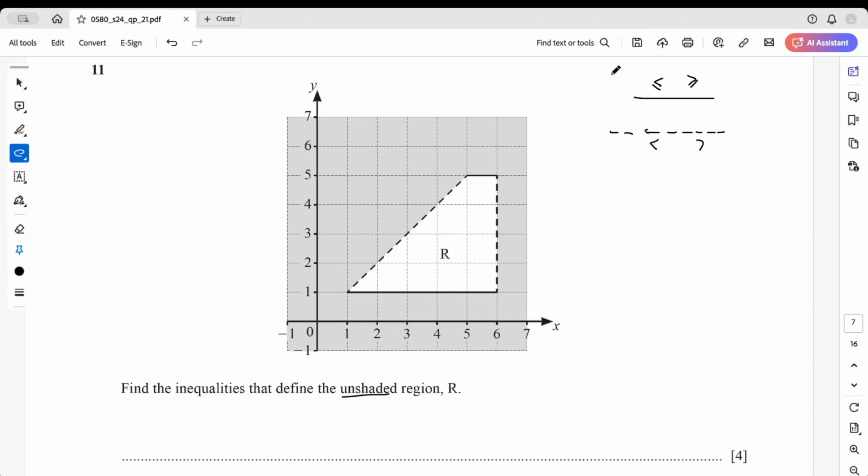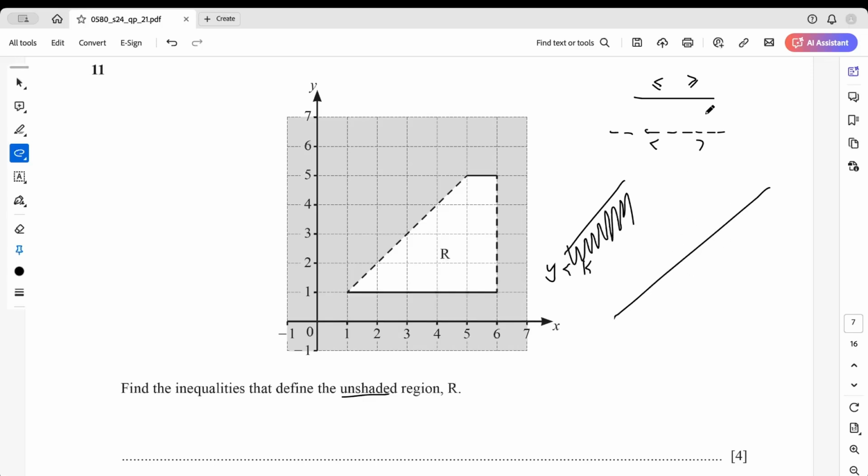Now, if I define the line to be y less than k, where k is the equation of this line, then y will be less than. When we look at y being less than, we look at anything below the line. So this is the region we're talking about.